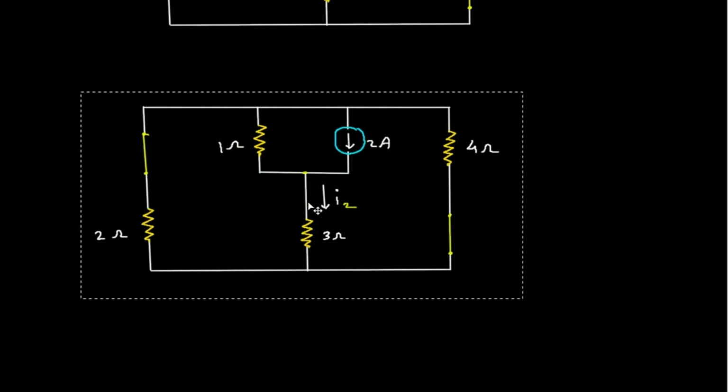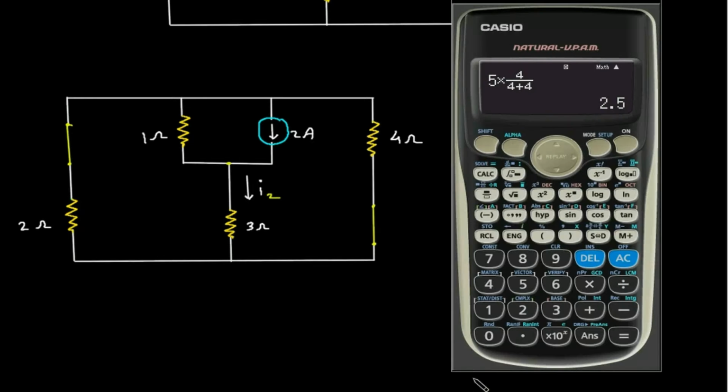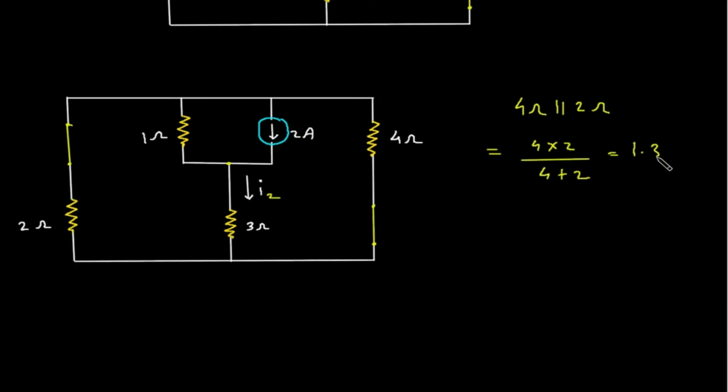So this 4 ohm parallel with 2 ohm will be 4 into 2 by 4 plus 2, which is 1.3 ohm.